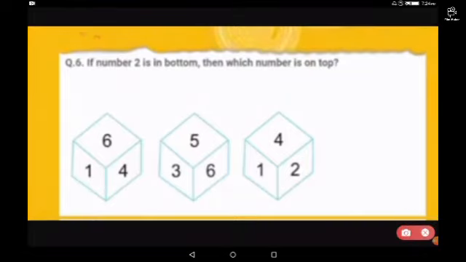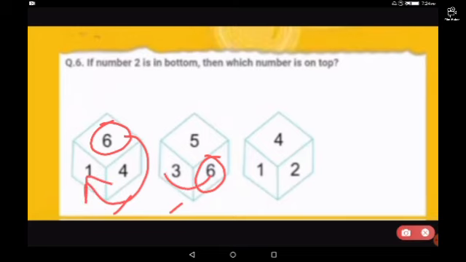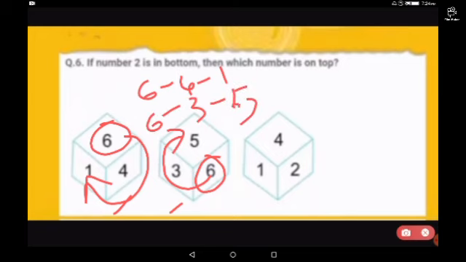So when we consider this and this, I will take 6 as common, and clockwise, here also clockwise, this will be 6, 4, 1 and 6, 3, 5. So 4 and 3 will be opposite, and 1 and 5 will be opposite. So the numbers we are left with are 6 and 2. So 6 and 2 will obviously be opposite to each other. So the number on top will be 6.